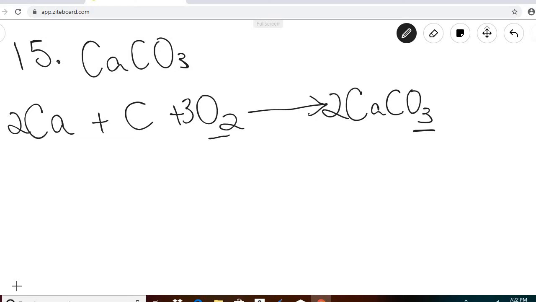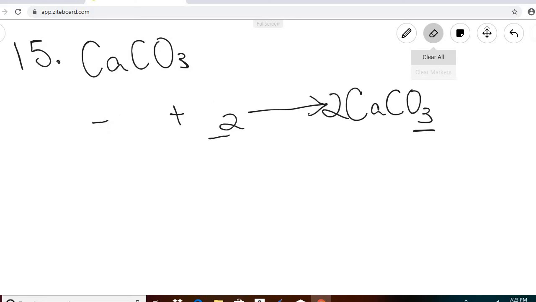And we have 2 carbons over here, and we can fix that by going like that. So 2 calciums plus 2 carbons plus 3 oxygens will form 2, that's actually calcium carbonate. Okay, so that's 15A.